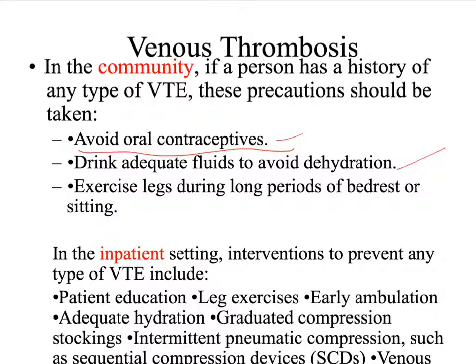Of course, education, ambulating, adequate hydration, all of those TEDs, those SCDs, are all interventions implemented as prevention. Because remember, most of your hospitalized patients have all those risk factors of Virchow's triad, so we have to do what we need to do in order to prevent them from getting any kind of clot in their venous system.